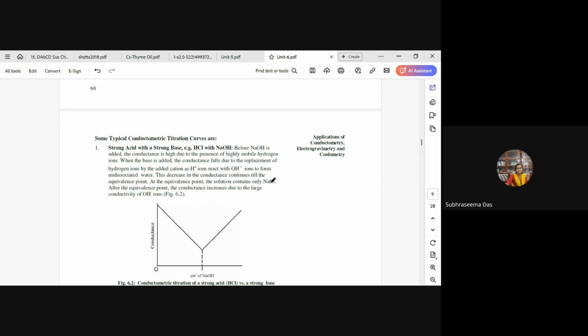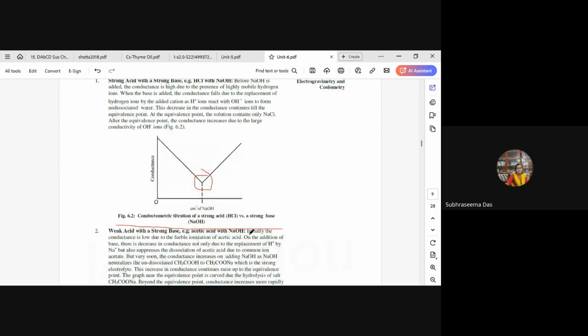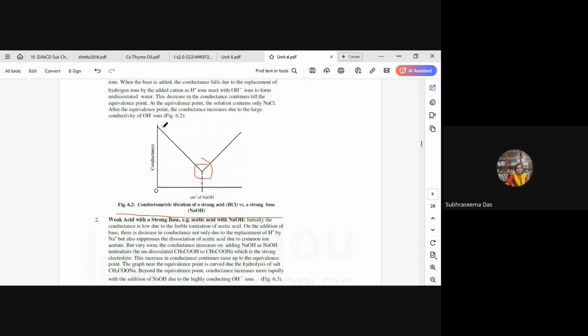This decrease continues till we get the equivalence point. At the equivalence point, the solution contains NaCl. After the equivalence point, the conductance increases because of the large conductivity of the OH minus ions. Hence, it first decreases and then it increases.